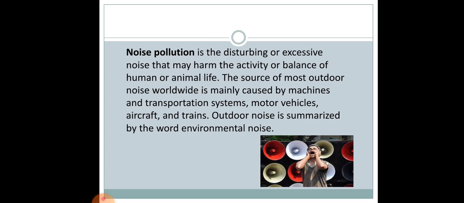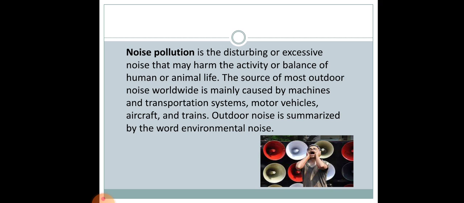Coming to noise pollution. Noise pollution is caused when noise has a very high intensity, and the intensity of noise is usually measured in decibels. It is caused when the noise is greater than 85 decibels, and this disrupts the ability of a person to perform.